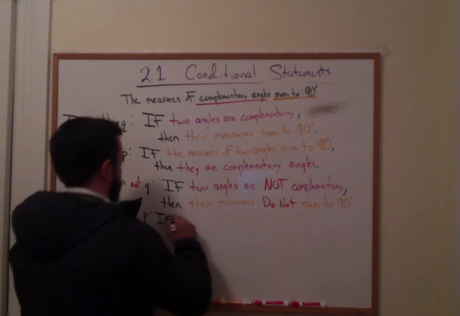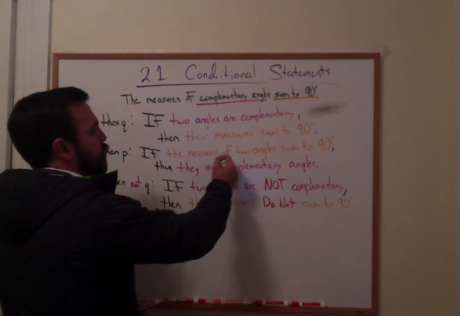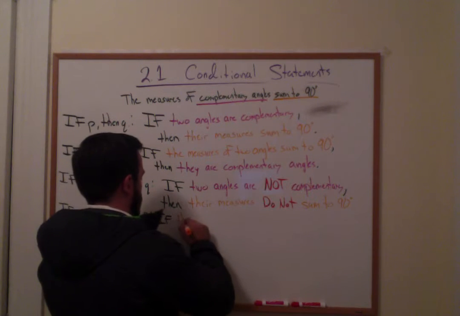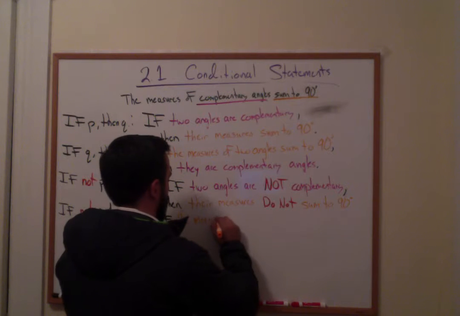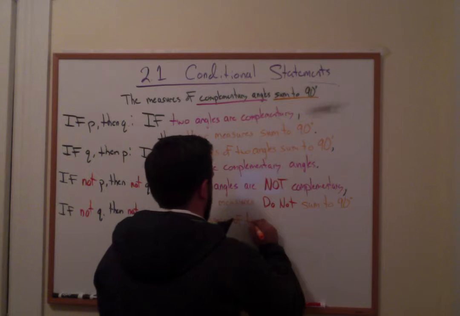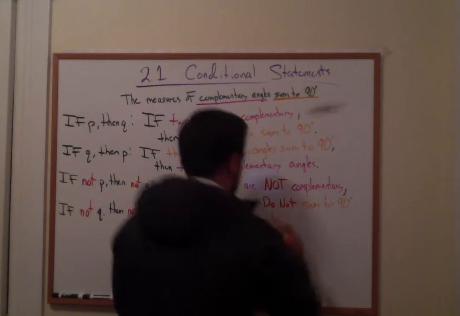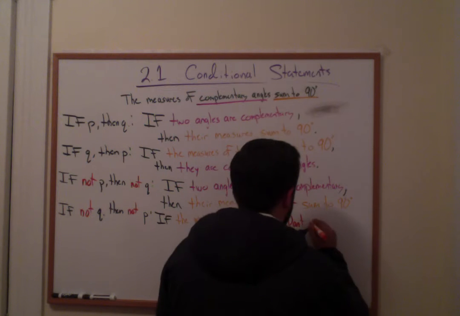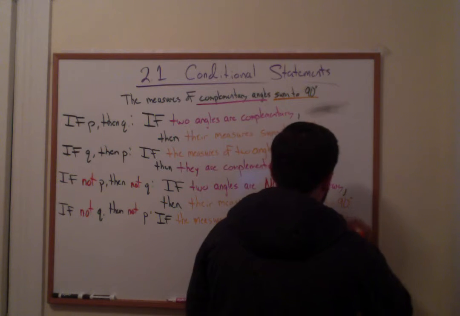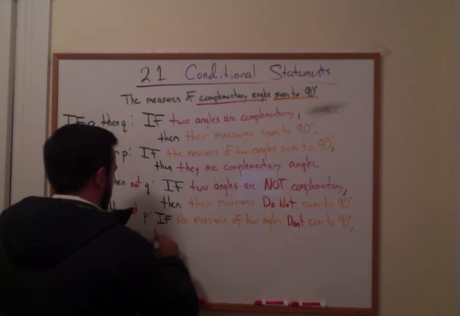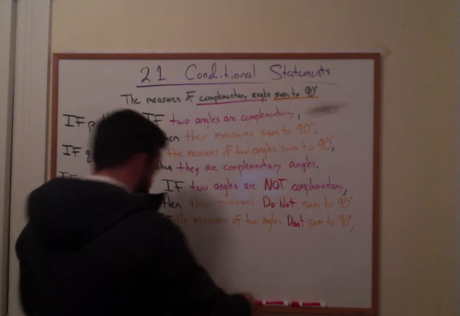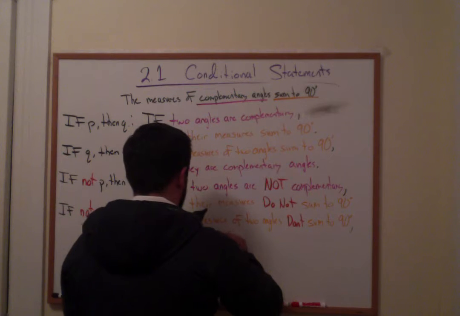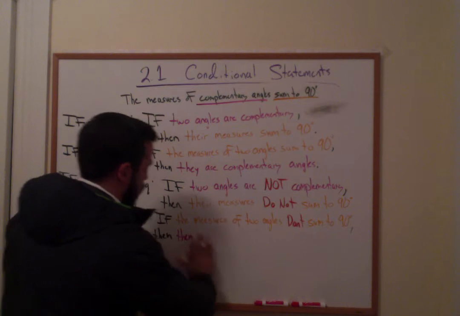So, if the measures of two angles don't sum to 90 degrees, then, there's my pink for my go, then, oops, here's my red for negating it.